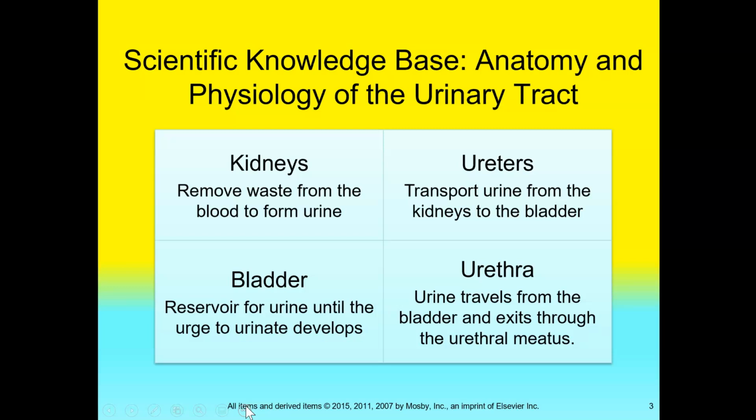The ureters come directly out of the kidney and transport urine from the kidneys to the bladder. Obstruction of urine flow from the ureters can cause a backflow of urine. Let's say a person has a kidney stone blocking the ureters.